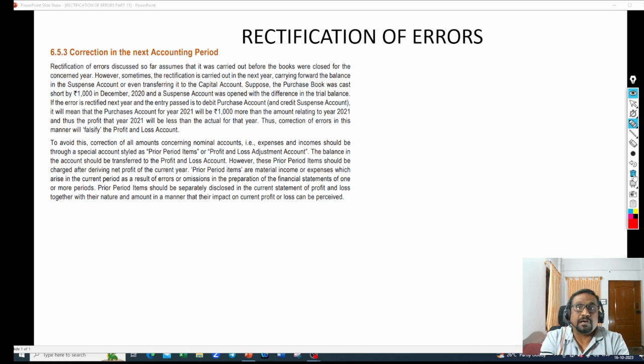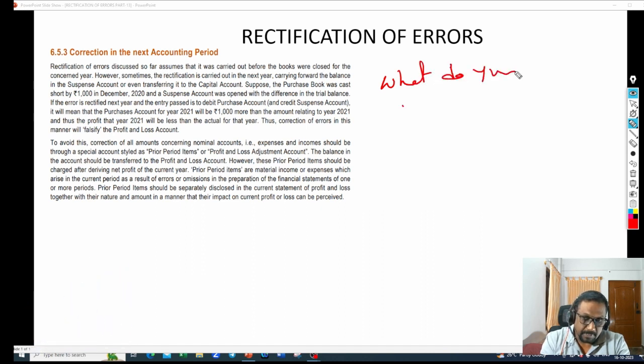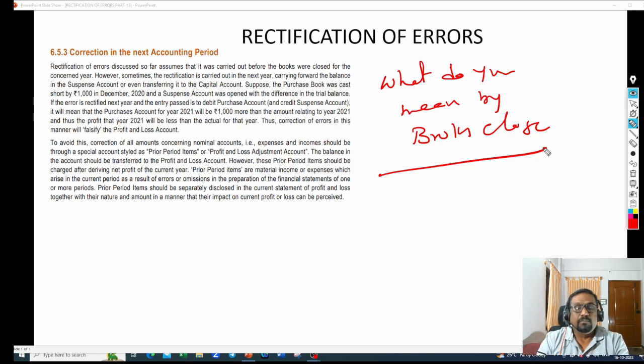What do you mean by books close? Very important. Here, books close means you have already prepared a trial balance.